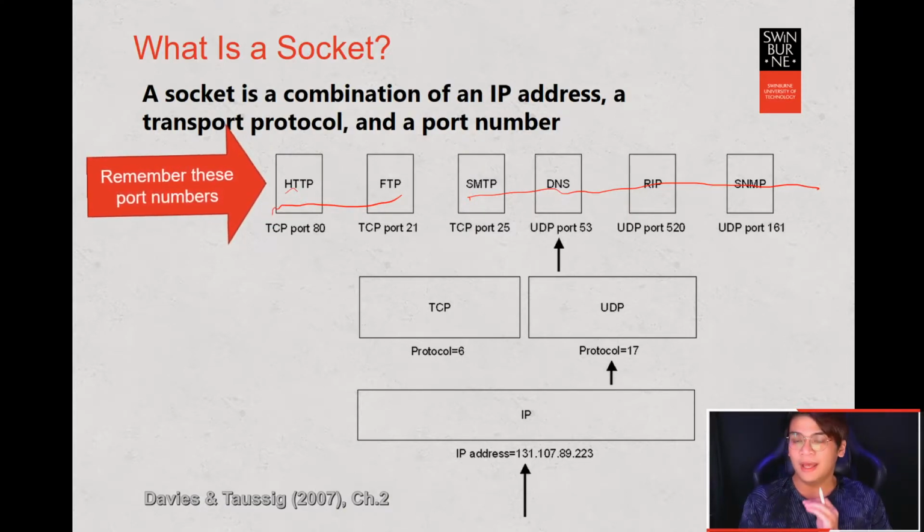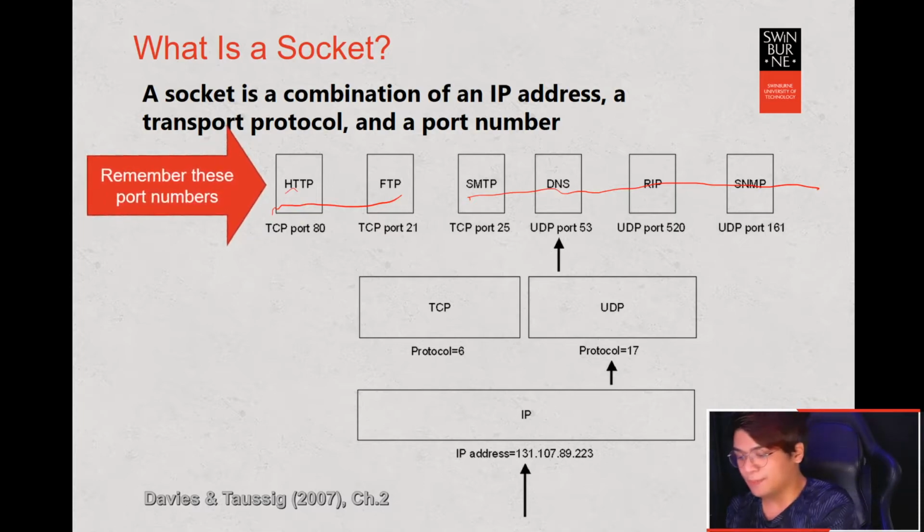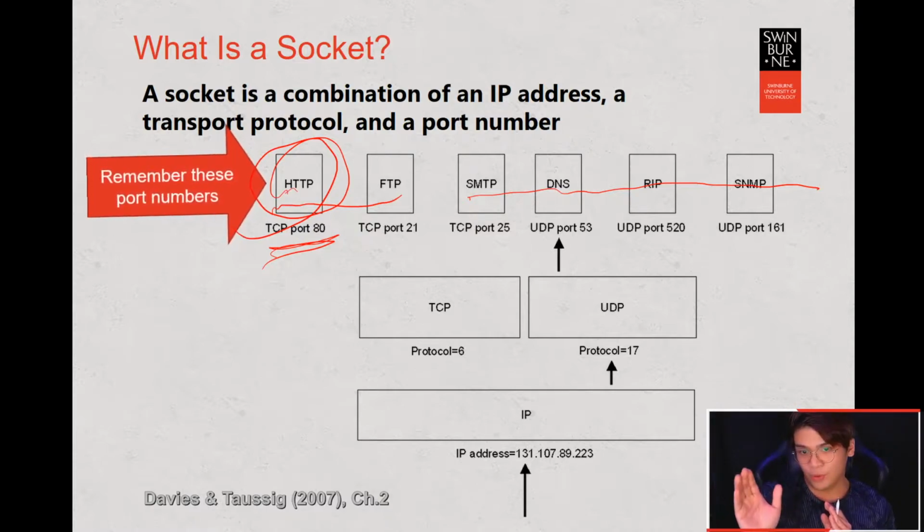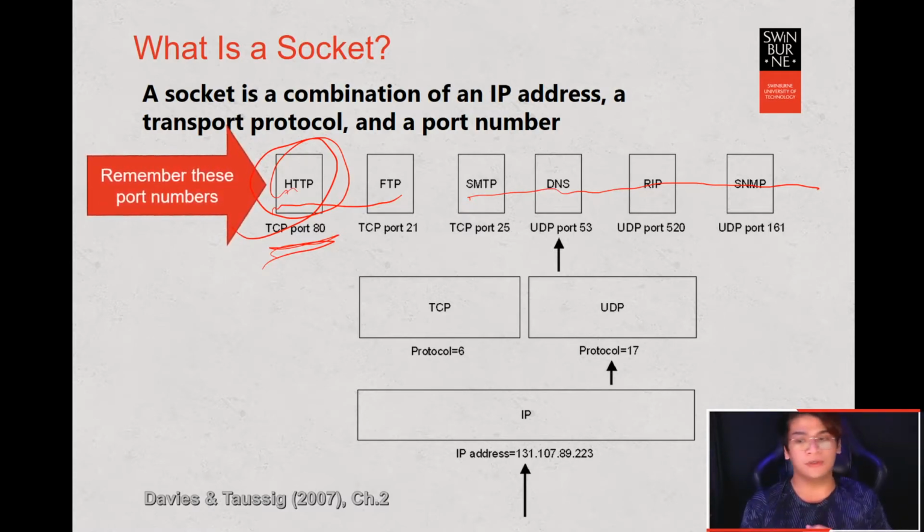For example, HTTP is a protocol that uses TCP port 80. This combination of the protocol and the port is called a socket. So do remember the rest of the protocols as well, because this kind of question usually appears in the exam.